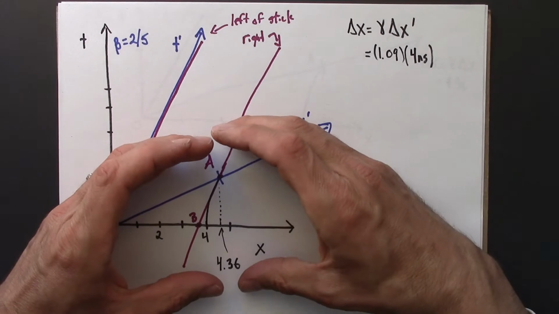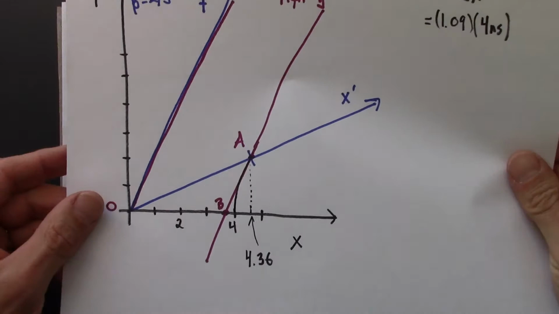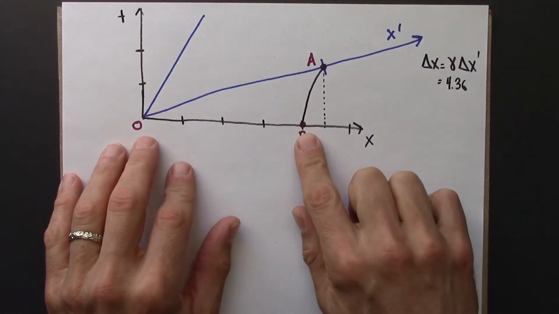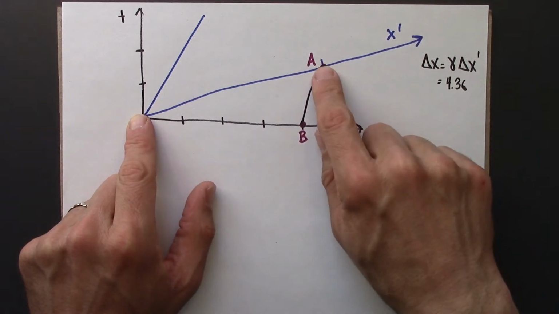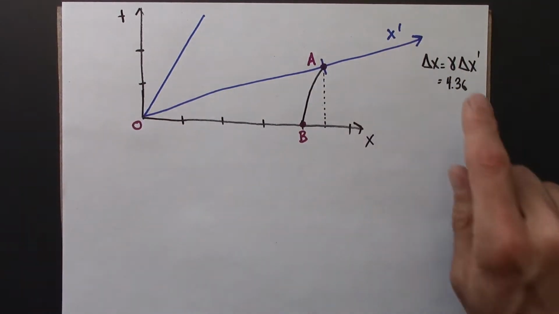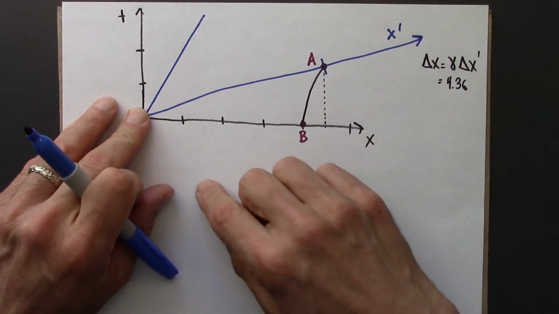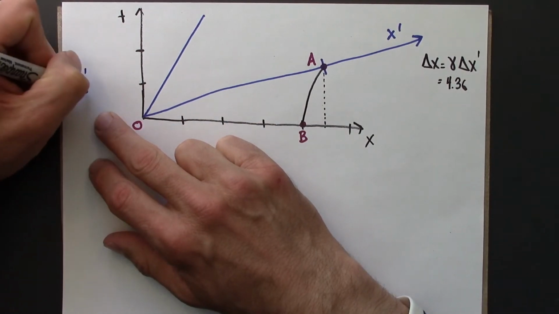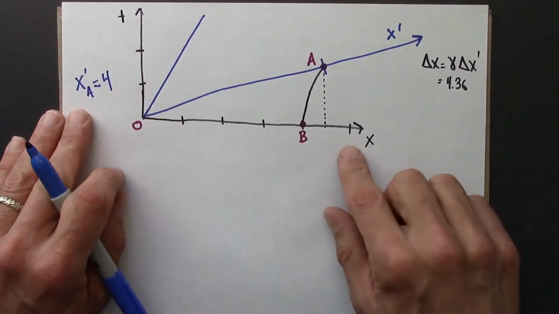So what I'm going to do is just focus in on this region of the graph and recall this. So we're going to zoom in like this. Here's the picture. So remember, event A has a spacetime coordinate in the moving frame of x prime A is 4 nanoseconds, or I'll just write 4.